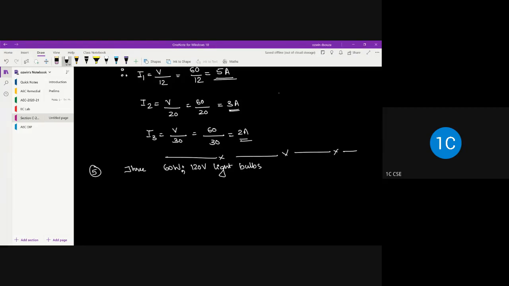Three 60 watt, 120 volt light bulbs are connected across a 120 volt supply as shown in the figure.